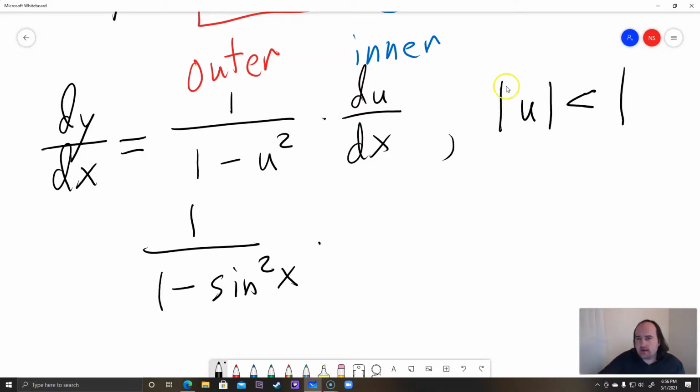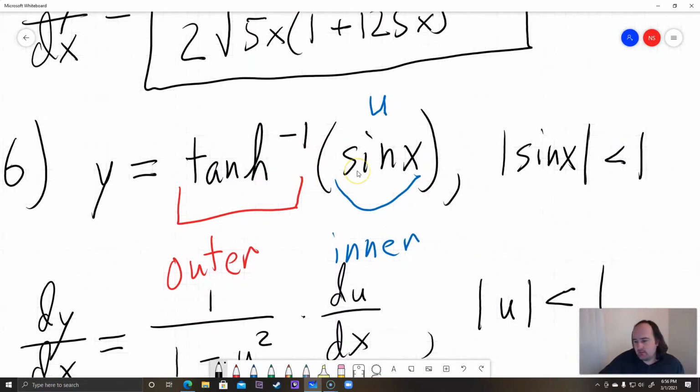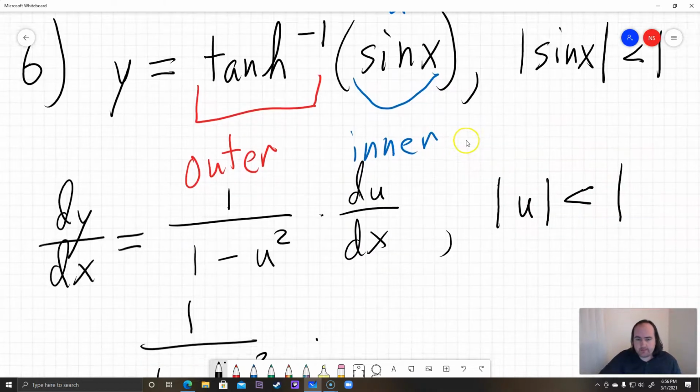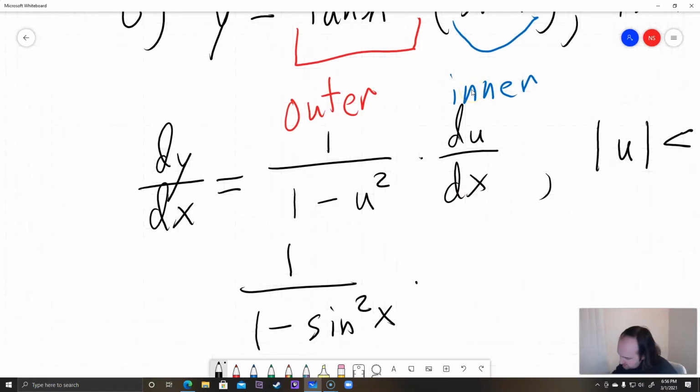Now what's du dx? Well, what is the derivative of sine? It's not hyperbolic sine, it's regular sine. And the derivative of regular sine is positive cosine. So this is going to be times cosine of x. So here we end up with 1 over 1 minus sine squared of x times cosine of x.